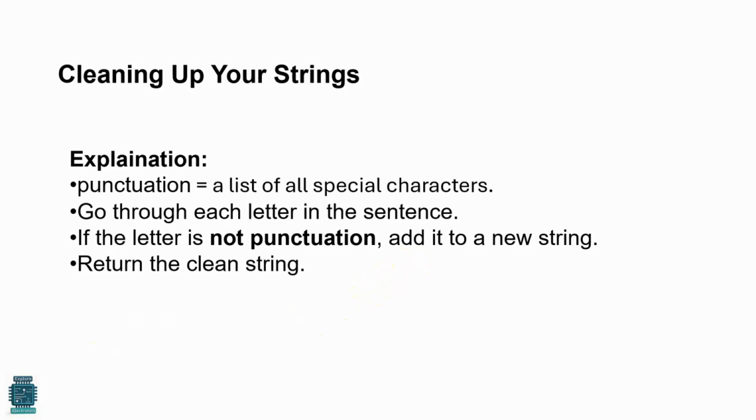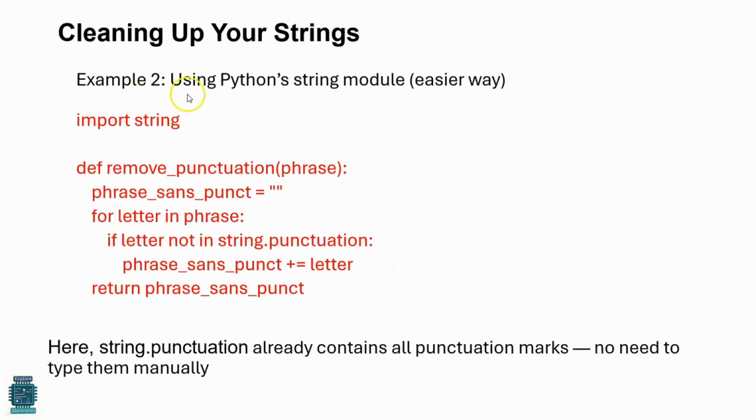Very clear? Let us see one more example, which is an easier way. We can remove all the punctuations very easily, easier than the previous example. Let us see how exactly it will work. It is almost similar to the previous example. The only difference is we have taken string.punctuation here, which already contains all the punctuation marks. No need to list all the punctuations here.